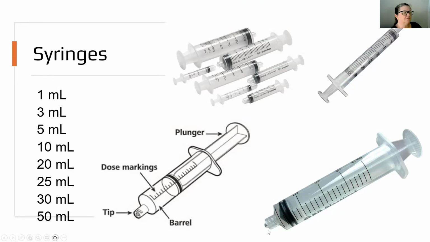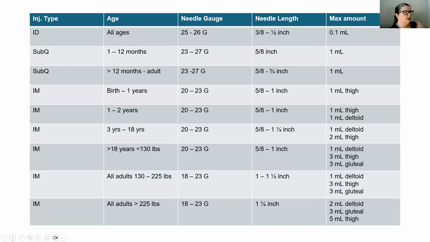I like these better. This is called a Luer lock. And these are the kind where you actually screw the needle onto it. Those are a little more secure, much safer for sure. Okay, so Luer lock versus slip tip. And it will say on the box what type you have, so you don't have to open the whole box up to see what it is.